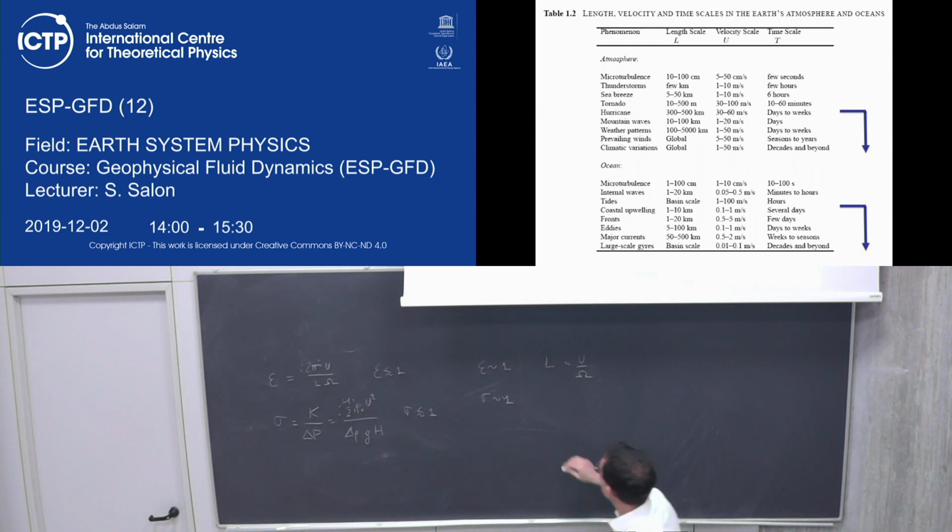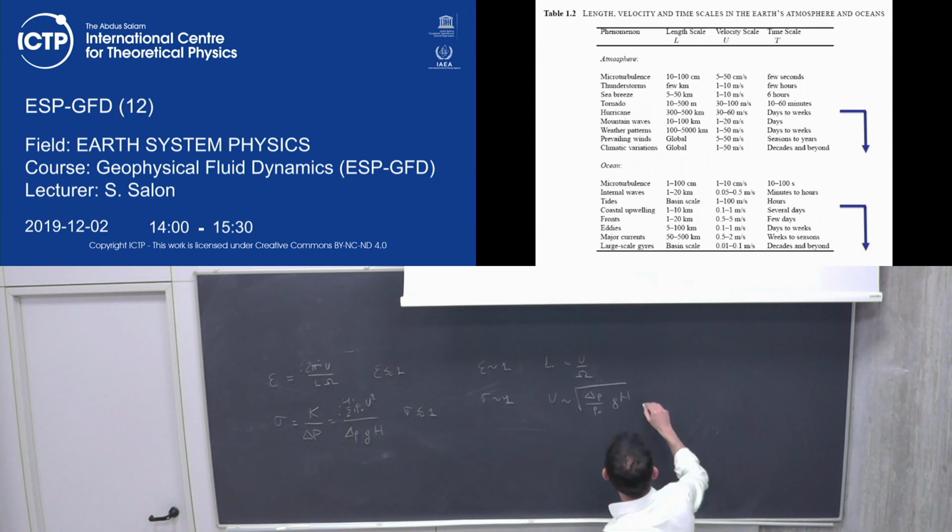And if sigma is order 1, we can solve for u, and we have that u is of order 1, the square root of delta rho 0 g h over rho 0.